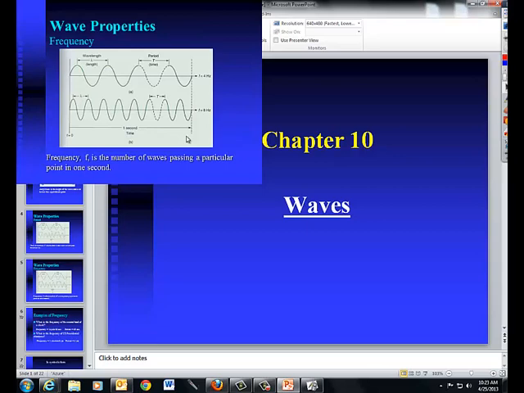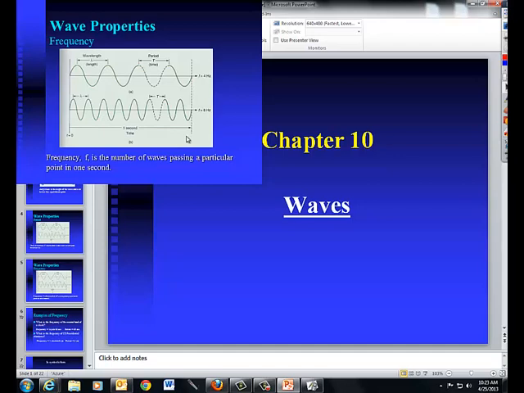Okay, when it talks about being inversely proportional, we are talking about the fact that if the wavelength is shorter, like the one on the bottom, do we have more or less waves? We obviously have more. The frequency is greater. So on the top, if you have a larger wavelength, you have less frequency of wave.